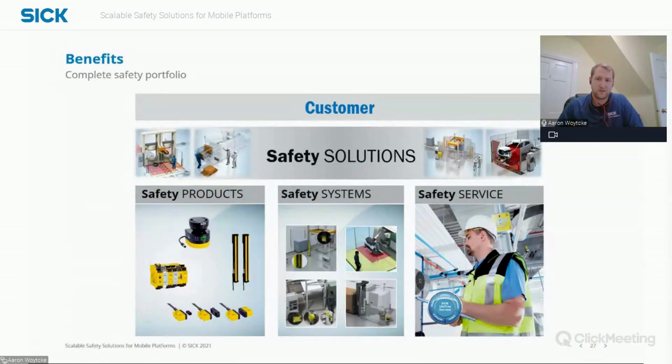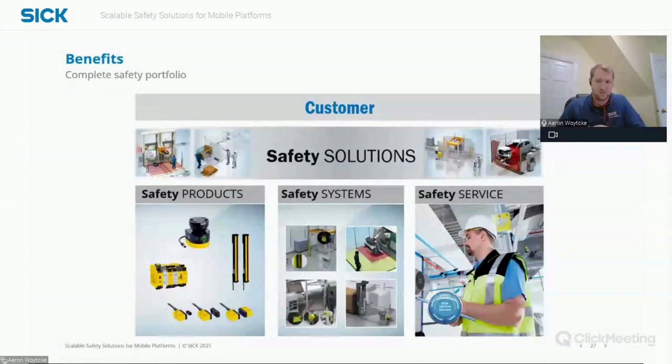From a SICK standpoint, SICK is a one-stop shop for scalable solutions. So whether you're looking for a one-off safety product like a safety laser scanner or safety controller, we've got safety products that apply to that. There are also safety systems that are ultimately a prepackaged system that combines different products and technology to get a complete system put together.